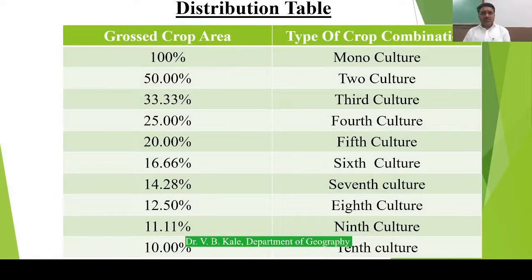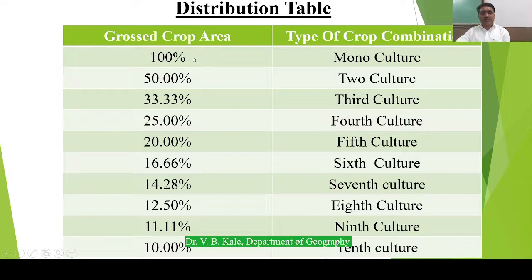So let us see which distribution table has been used by Weaver to calculate the crop combination method. This is the gross cropped area, which is 100%, and this is the type of crop combination. What this table indicates? Suppose if we are taking only one crop, not more than one, that is called as monoculture, and the percentage of that one crop is 100%.